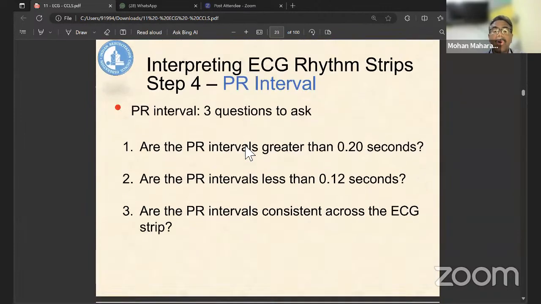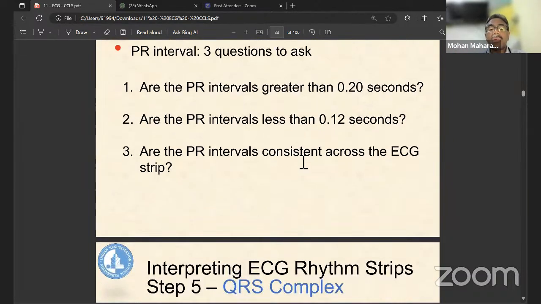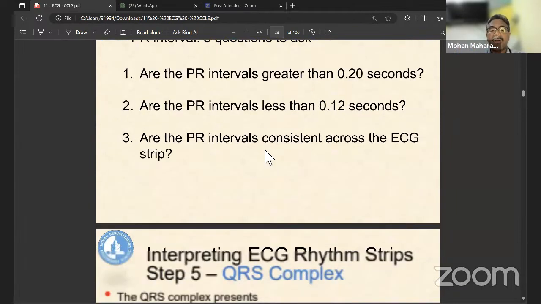The important third thing is, is the PR interval consistent across the ECG strip? Almost everybody has been married, and we know how the relationship between husband and wife has to stay consistent as the years go on. That's an easy way to remember it. Whether the interval is continuously consistent across the ECG strip has to be checked. So these are 3 questions to be answered when you look at the PR interval.